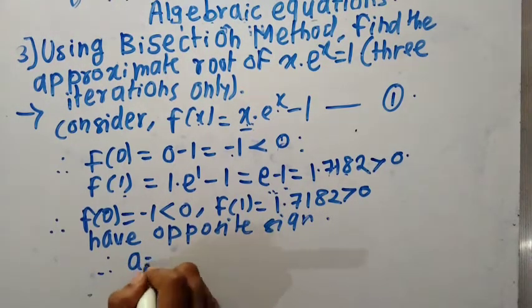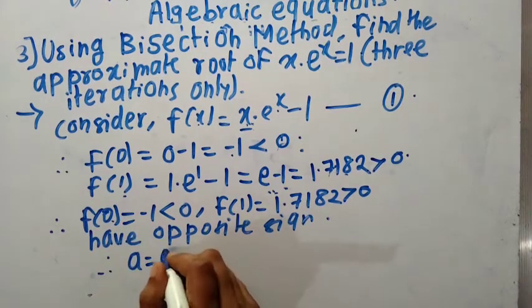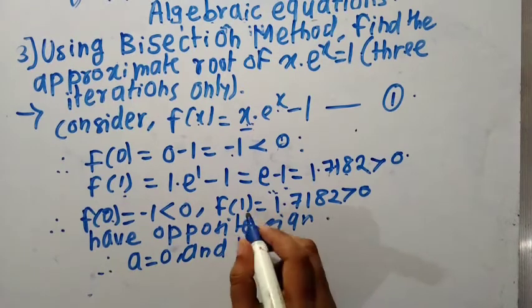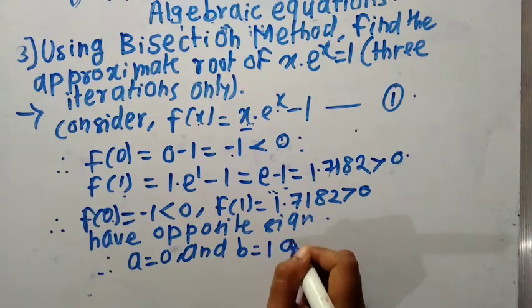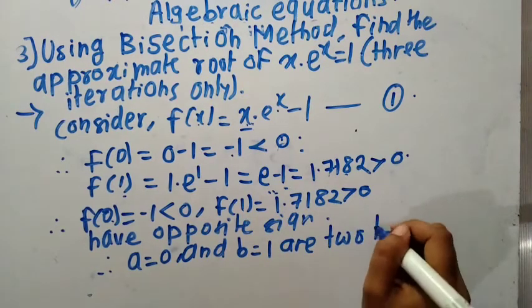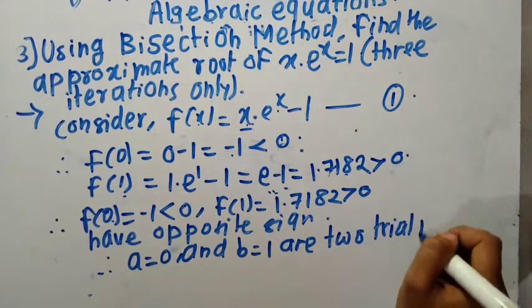Hence a is equal to 0 and b is equal to 1 are two trial points.